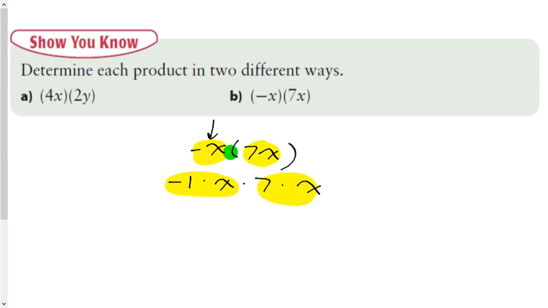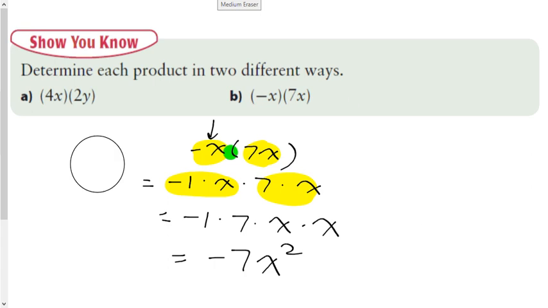And therefore, negative 1 times x times 7x, if I rearrange those using the associative property, I end up with negative 7 times x times x, and x times x is x squared. So my solution, using the associative property of mathematics, is negative 7x squared.